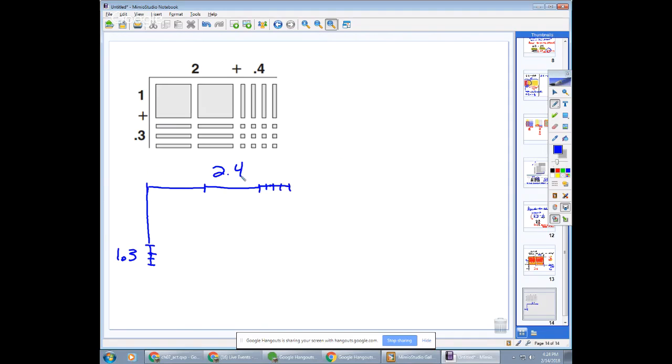And then when I redraw it, I don't worry about drawing all the lines. I only make the lines that go with my whole numbers and my end fractions. So my picture's going to look like theirs, but with just everything stuck together.